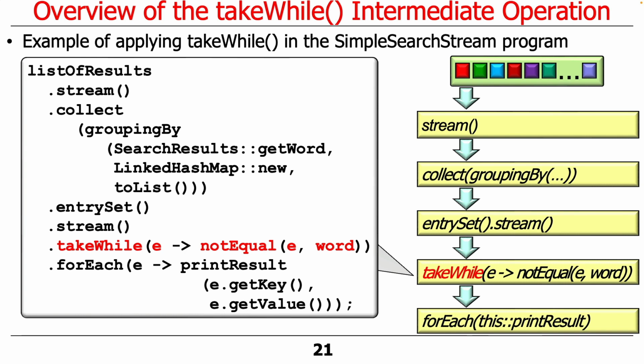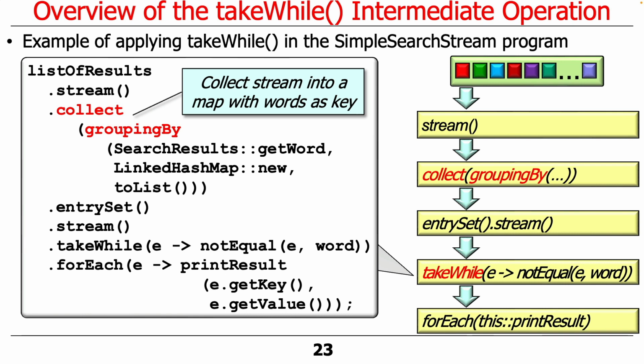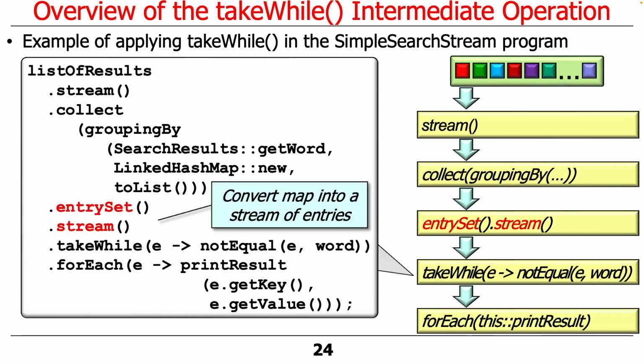In this particular case, we're going to take the list of search results, turn it into a stream, and collect it into a map where, once again, we obey encounter order. So it's going to be do, re, mi, fa, sol, la, ti when we walk through the stream. And then we convert these elements into a stream.